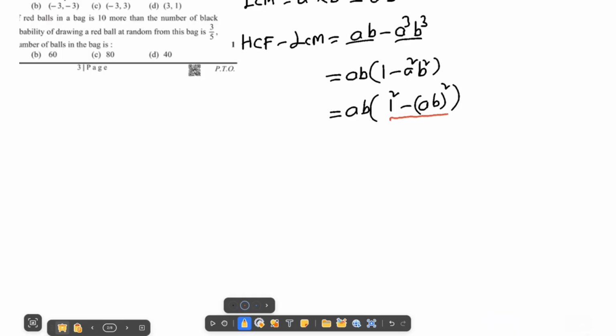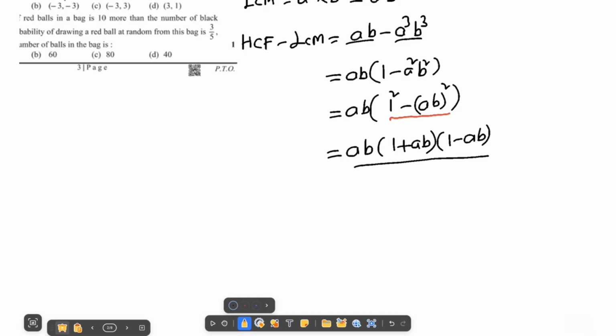What is the formula? a plus b into a minus b. So 1 plus ab, and 1 minus ab. So the final answer is ab of 1 plus ab of 1 minus ab. So this is the answer.